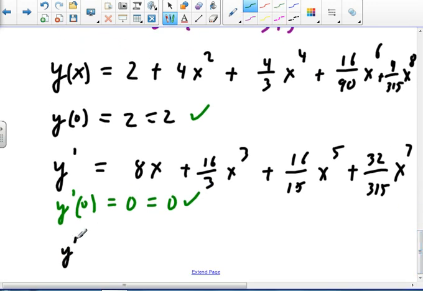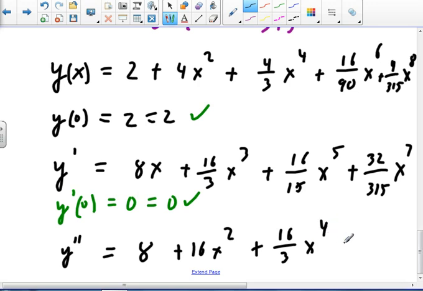I'm now going to go y double prime: 8 plus 16x squared plus 16 over 3 x to the 4th plus 32 over 45 x to the 6th.